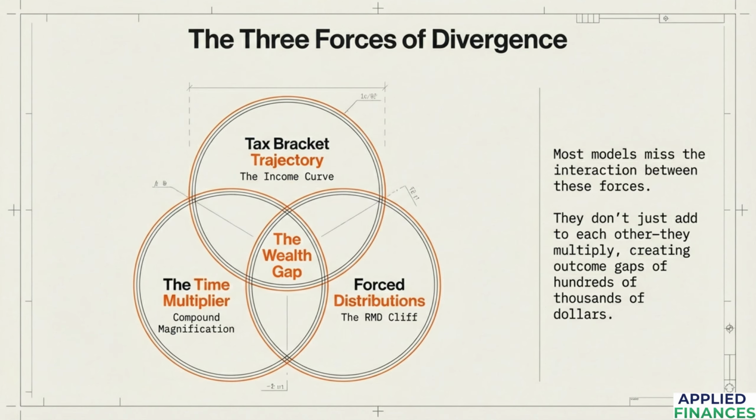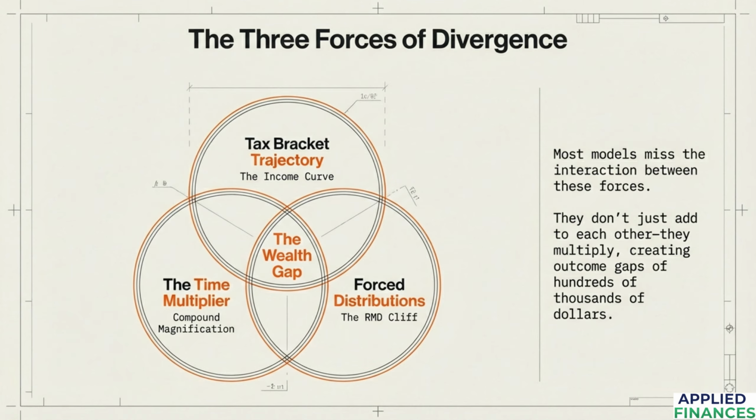While the equivalence principle provides a stable starting point, the real world is rarely that simple. In practice, three major forces of divergence act upon your wealth, and most models completely miss the interaction between them. These forces are the tax bracket trajectory, the time multiplier, and forced distributions. The tax bracket trajectory refers to the curve of your income and effective tax rates over your career.